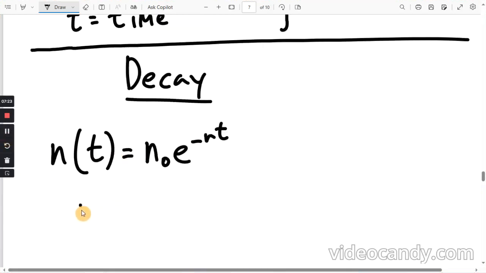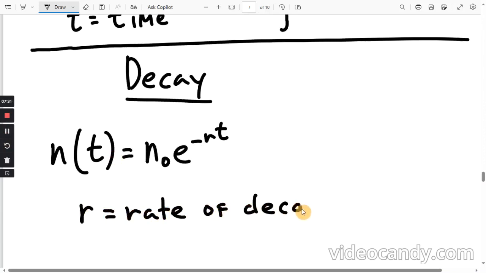And of course, in this case, r is the rate of decay. In other words, you could say that it's losing 10% per year or something along those lines.